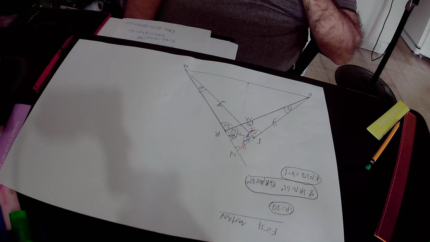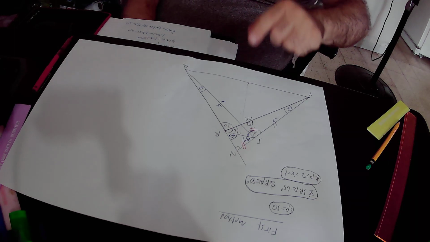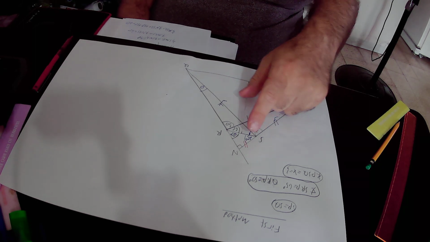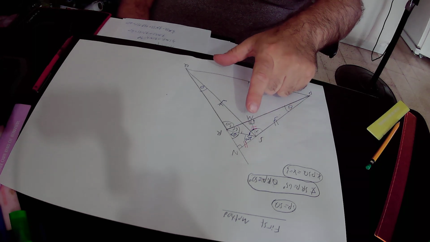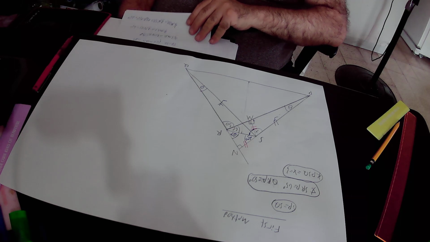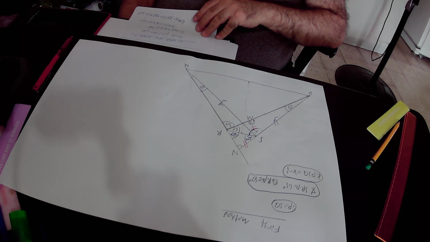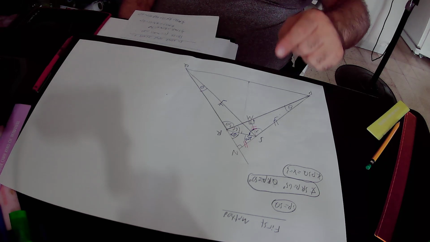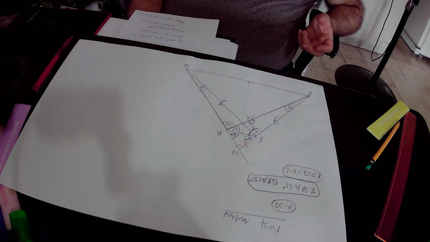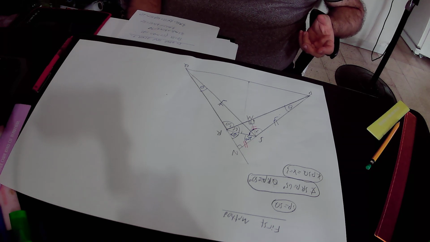And then here we extended QR by a straight line, so QN is a straight line. If we focus at point R, we have the rule that the sum of the angles on one side of a straight line equals 180 degrees.